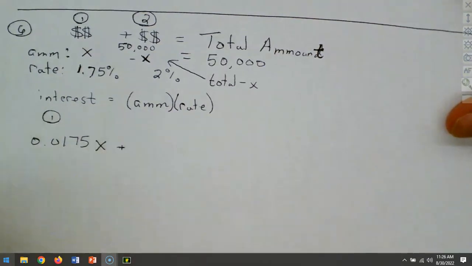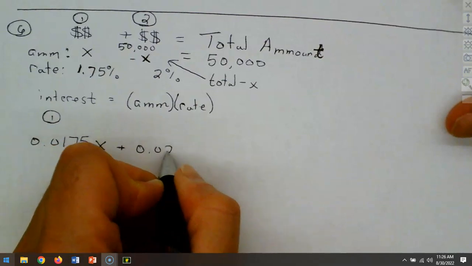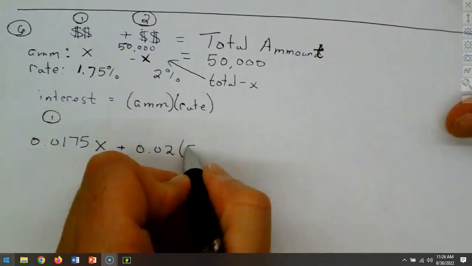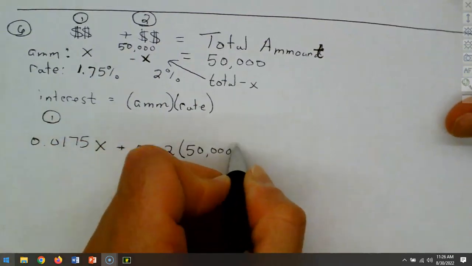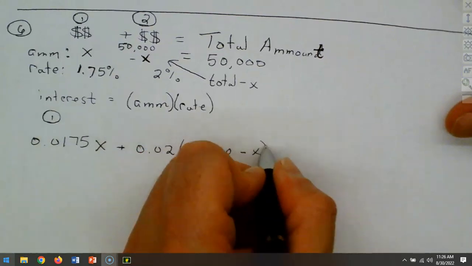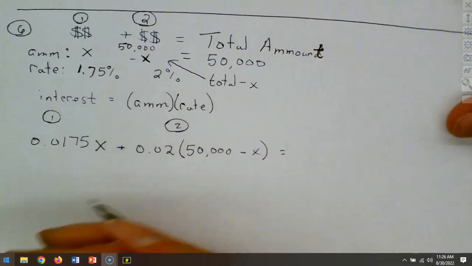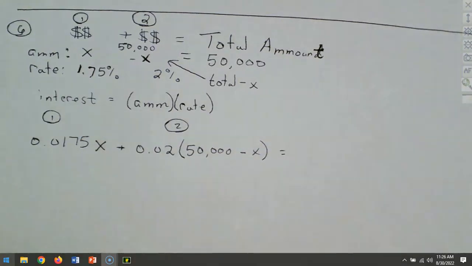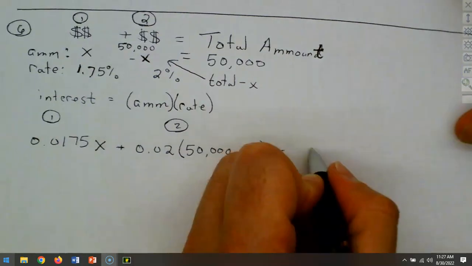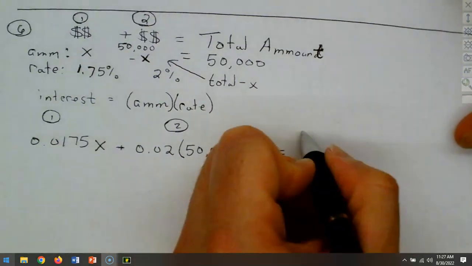The next one is 0.02 times 50,000 minus x. And then what goes on the right-hand side, that's how much money that we made. And on question 6, it says we made $900. So the 900 is your interest.